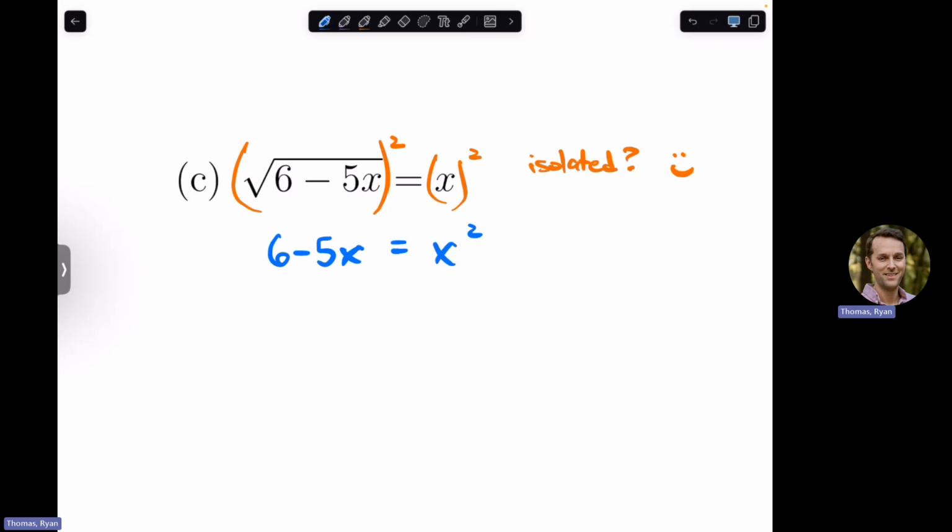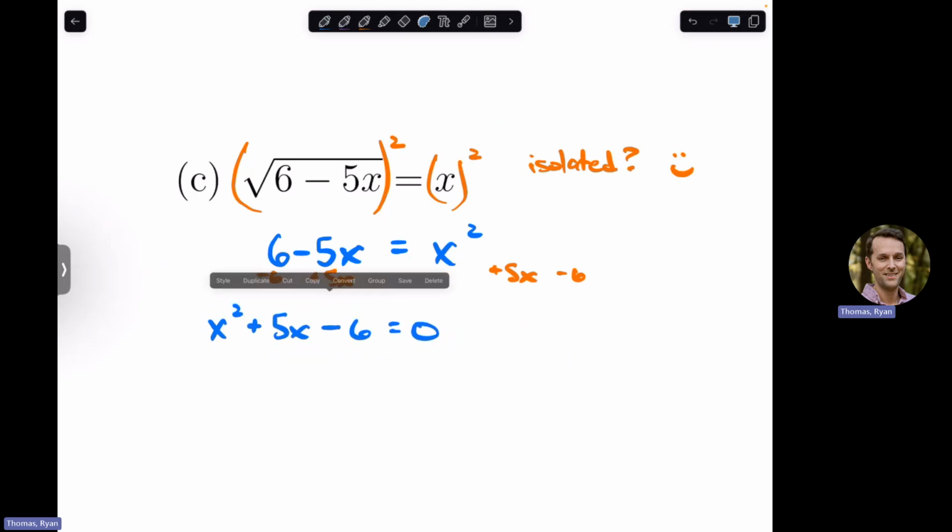All right, so it's quadratic. We need to solve it. What do we do? Get it all to one side. I'm going to move stuff over here. It doesn't matter, you can move either way. X squared plus 5x minus 6 equals 0. It's quadratic. We know a little more enthusiasm.